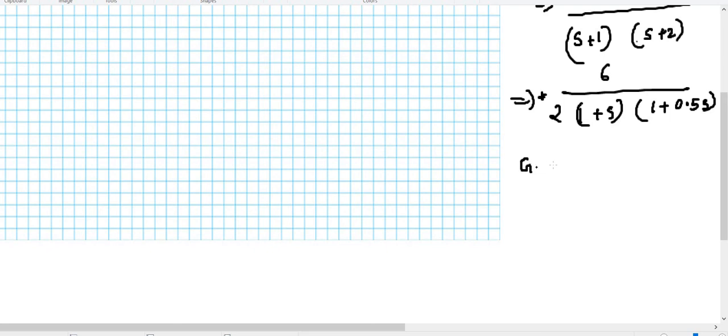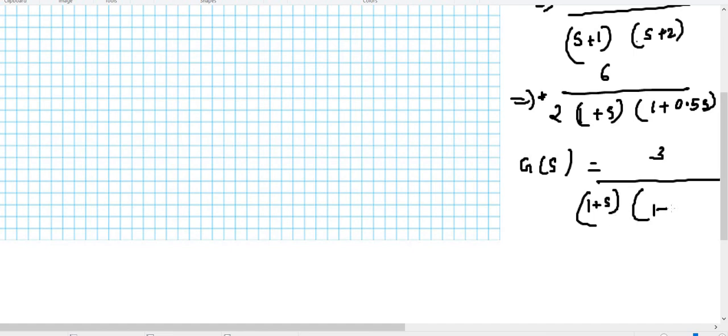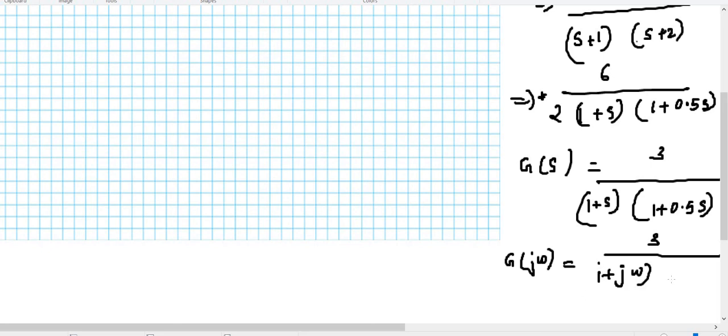Now we can rewrite the equation G(s) equal to 3 divided by (1 plus s) into (1 plus 0.5 s), and the sinusoidal transfer function G(j omega) as 3 divided by (1 plus j omega) into (1 plus 0.5 j omega).